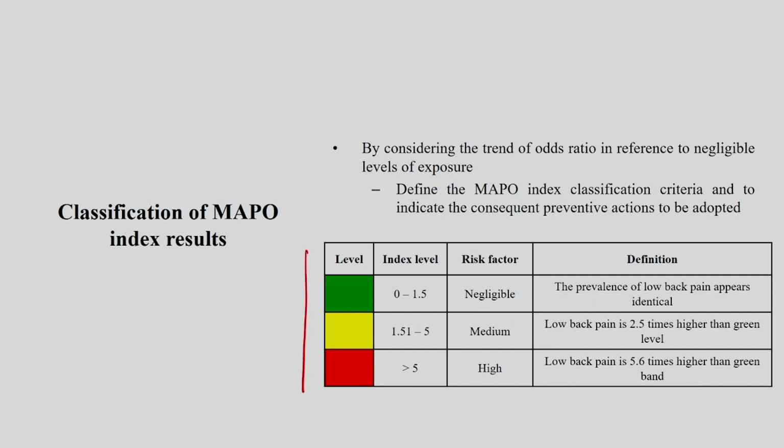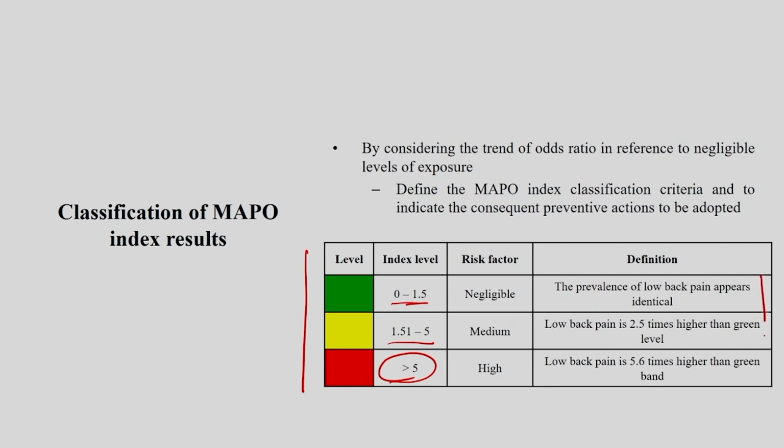If you have a MAPO index value lying in this particular sector, then it is negligible. If it is here, then it is medium. If it is more than 5, then you need to be very careful. Definitely something is wrong in the whole situation and you need some kind of intervention immediately.